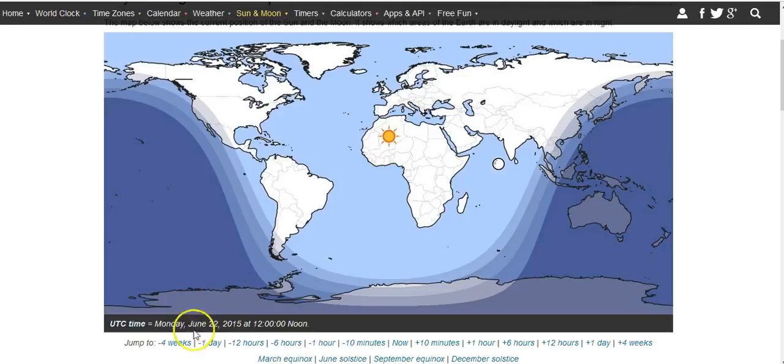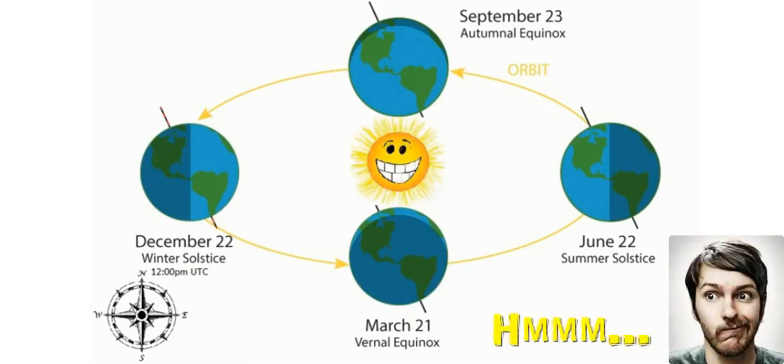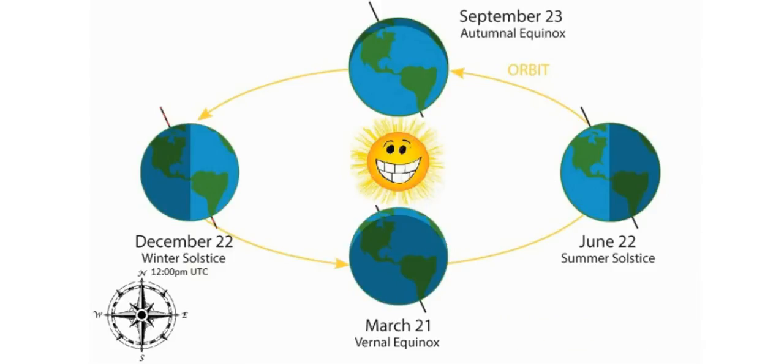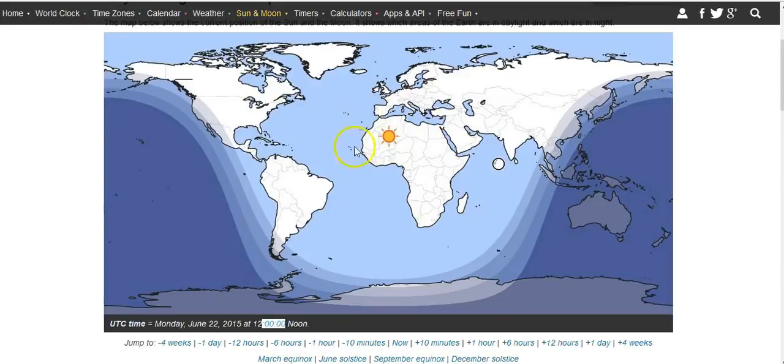But what we observe on June 22nd at 12 noon is Africa is facing the sun. Does this make sense to you? This is blatant proof that we are not on a spinning globe going around the sun. We can't be. There's no way that these globes can be in the same phase of their rotation, because it's the same time, and 12 noon has Africa facing space. It has to be facing the sun. There's no way around it.